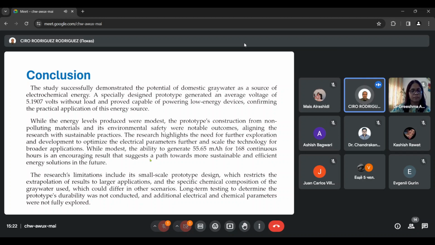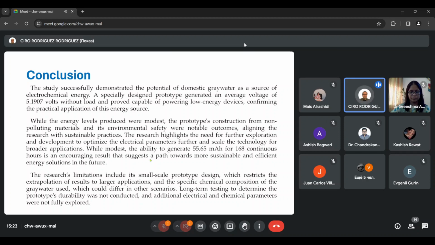But the most important thing is that by using these domestic greywaters we can get energy. Okay, small energy; maybe by working more or adding some special chemical components, we can increase the voltage. In the state of the art, the maximum voltage using other types of water is almost 8 volts.